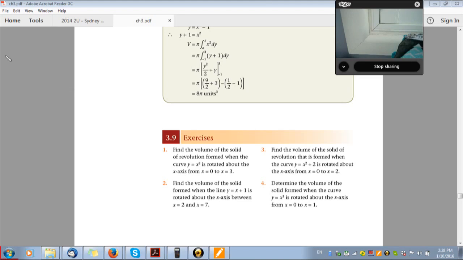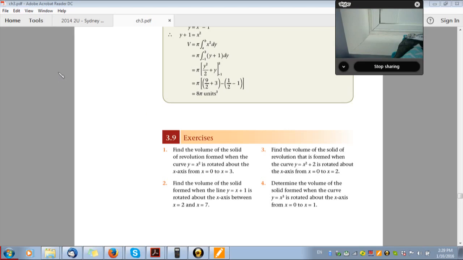I don't know if I got this right, but I got 291.66 or 67 pi. Hang on, let me work it out. Is that what you got? Because you know how it's x plus 1 squared, I did x plus 1 cubed over 3.